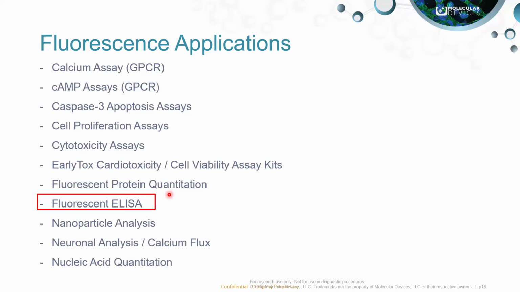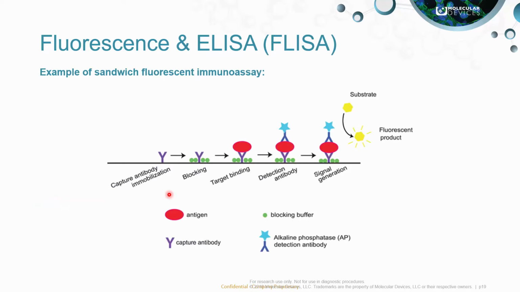This is a schematic workflow depicting sequential molecular binding events of a sandwich fluorescent ELISA. Within each well, the capture antibody is adsorbed on the reactive surface, followed by surface passivation by a blocking buffer to reduce any non-specific antigen binding.